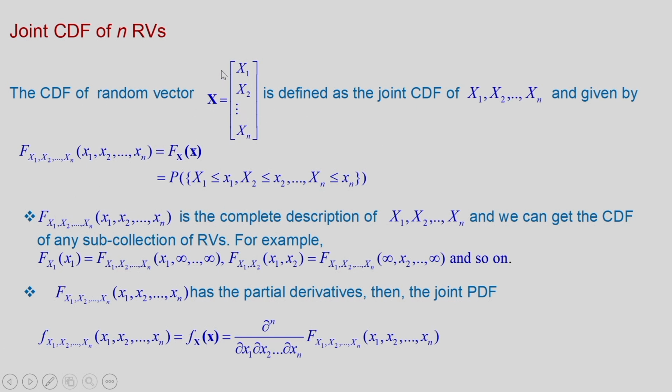This is a CDF because we are considering a random vector as a single quantity, the joint CDF of X1, X2 up to Xn, and this is by definition the probability that X1 is less than or equal to small x1, X2 is less than or equal to small x2, and up to Xn is less than or equal to small xn.